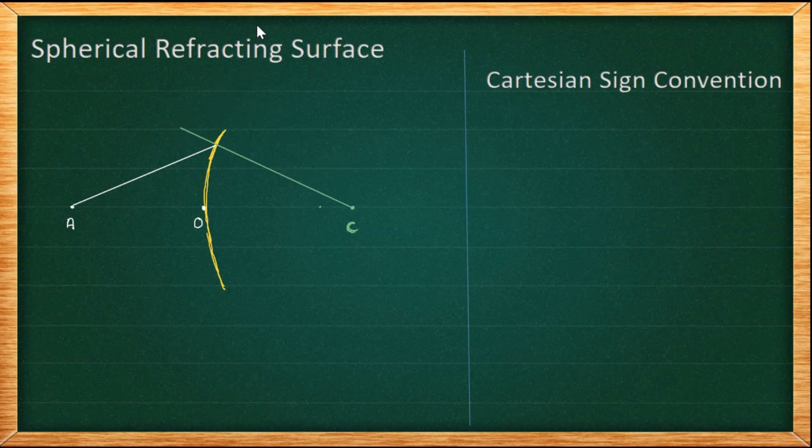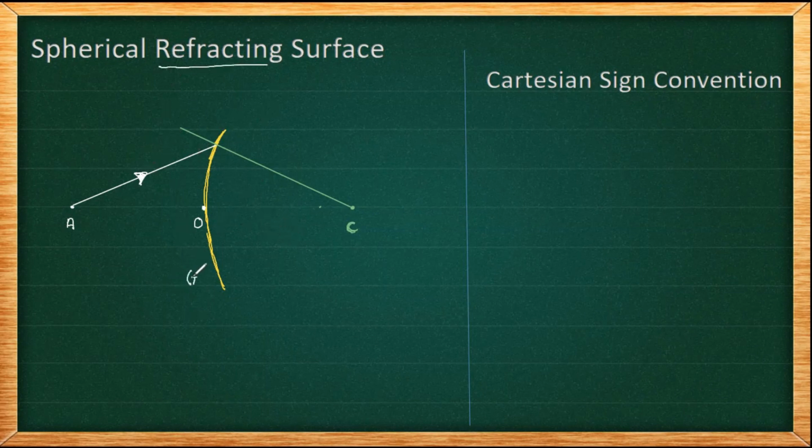So again, we have an incident light ray here going that direction. So as it hits the surface, it will be refracted. We are considering a spherical refracting surface.